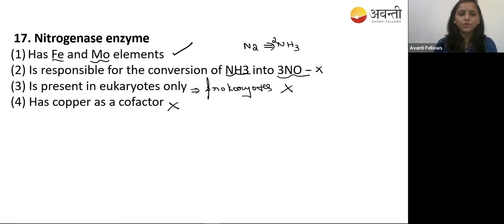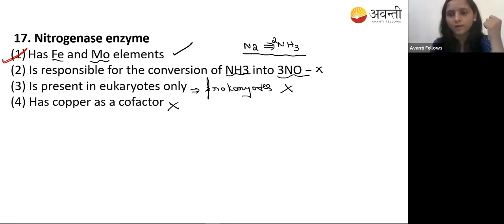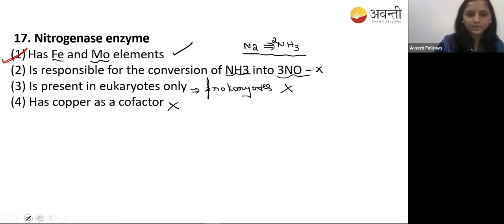The correct statement: the nitrogenase enzyme has Fe and Mo as the cofactor, and it will convert dinitrogen into two molecules of ammonia. Okay. So that is the reason option 1 is correct, and options 2, 3 and 4 are wrong.